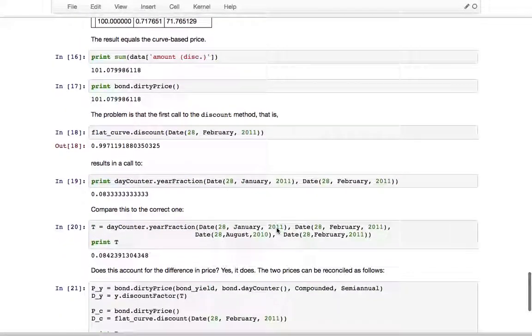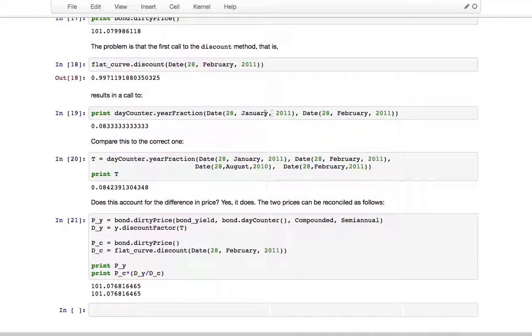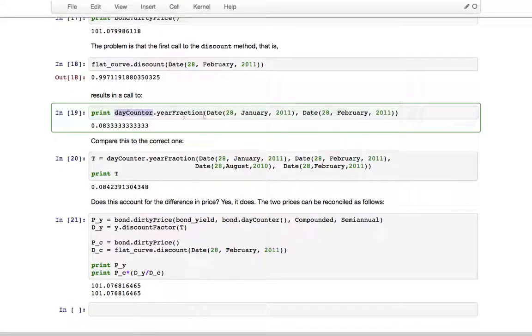This way, when the day counter is asked for the day fraction between two dates, it could look at the schedule that it contains and pick up the correct reference period for this calculation based on the scheduled dates.